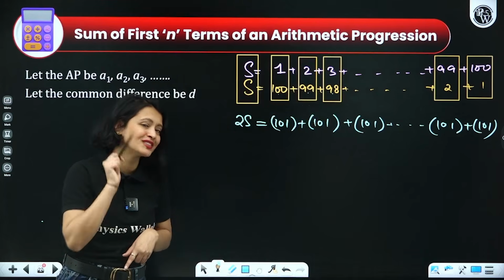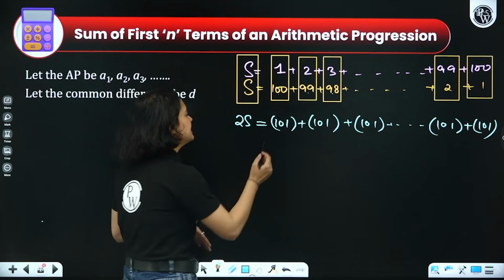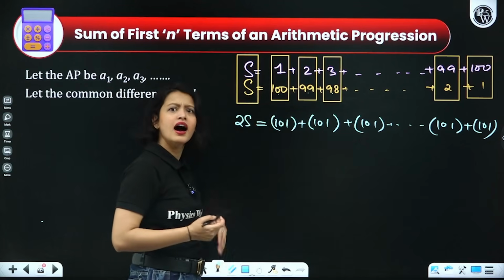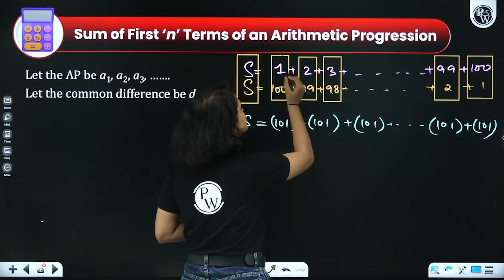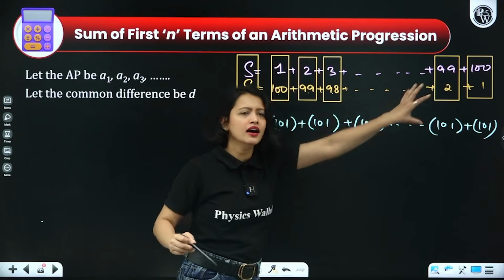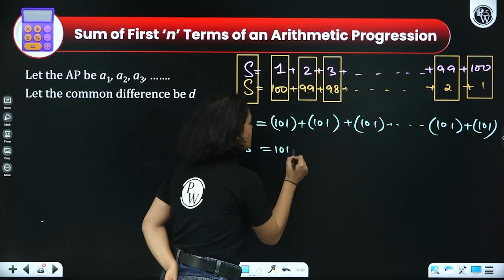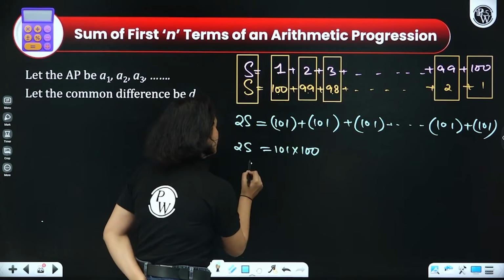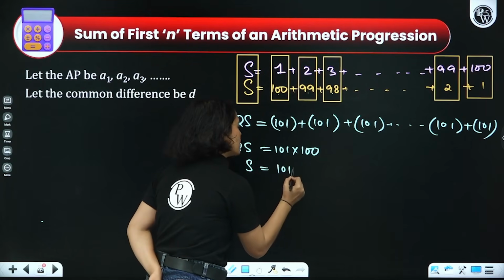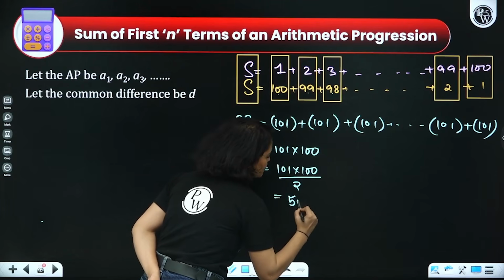The name of the kid was Gauss, by the way, Carl Friedrich Gauss. He said, how many 101s are there? 100. Why? Because see, how many pairs are being formed? 100 pairs only, right? So that means twice S is equal to 101 into 100. So from here, S would be equal to 101 into 100 divided by 2, which would be equal to 5050.